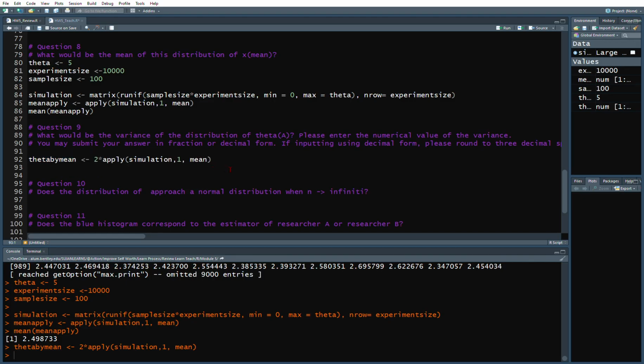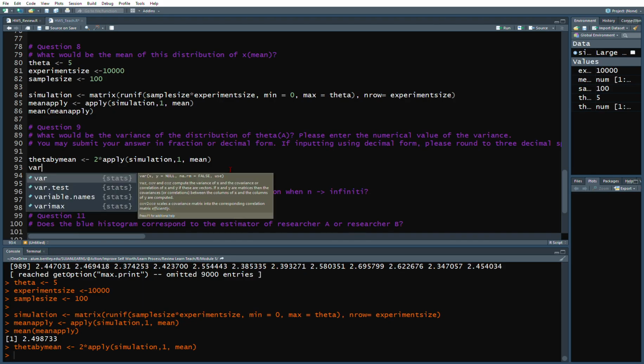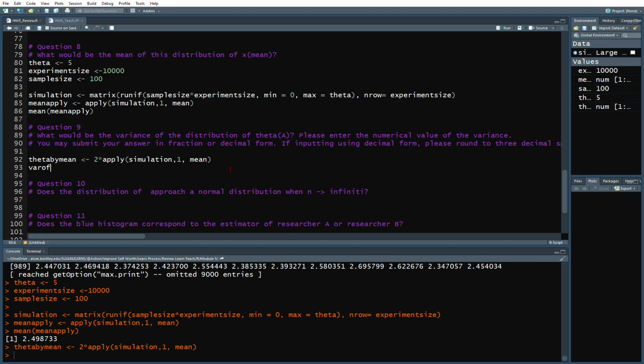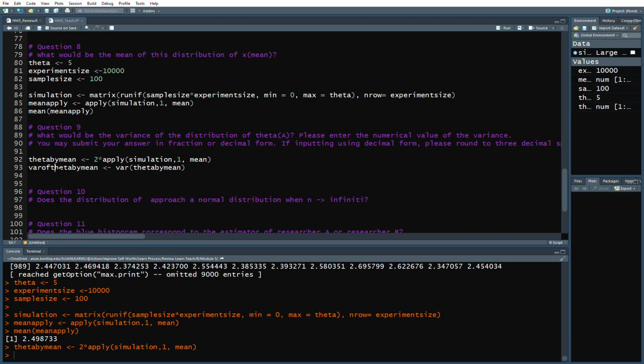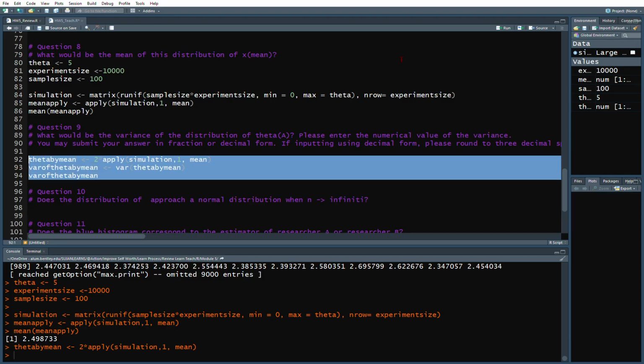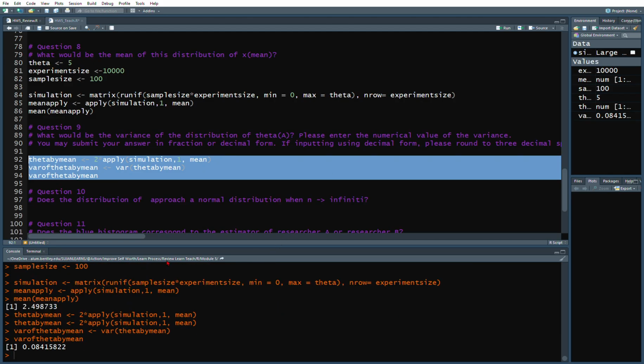Once we have theta by mean, we want to calculate the variance of theta by mean, equal to variance, and that's the variance, 0.08.